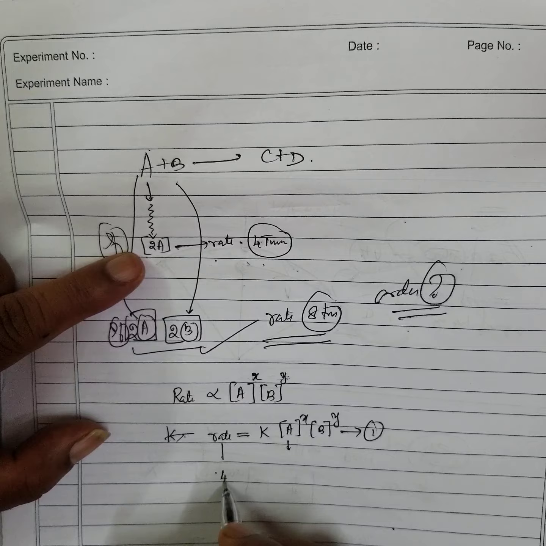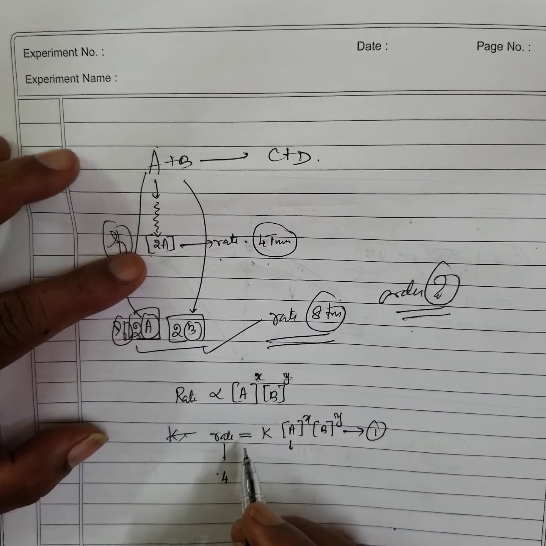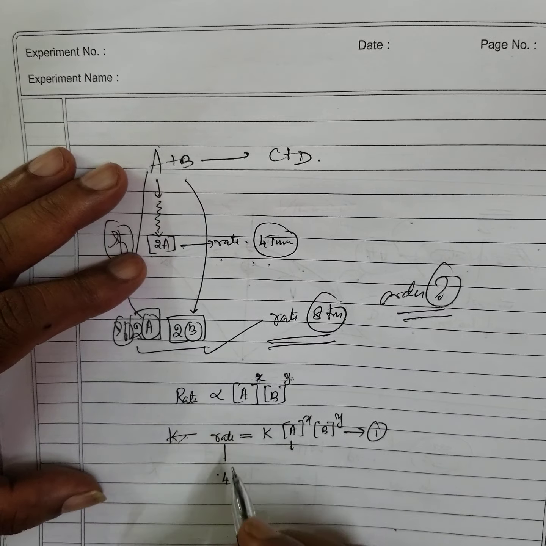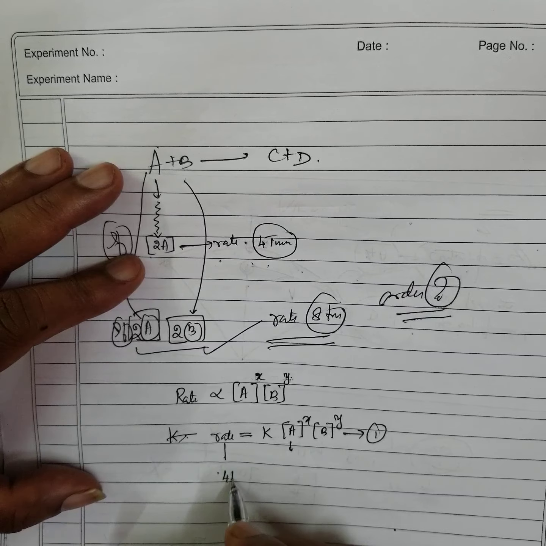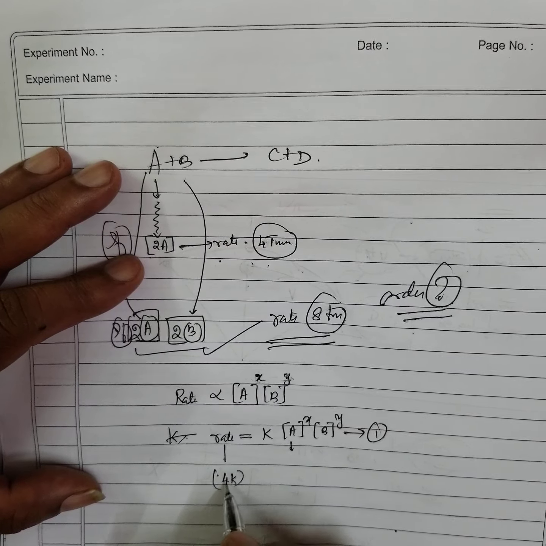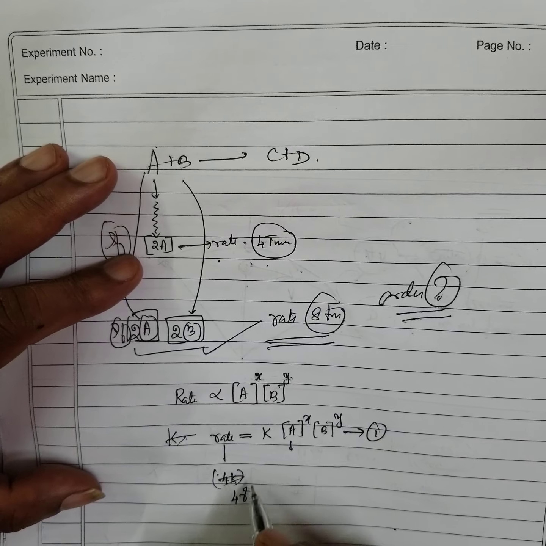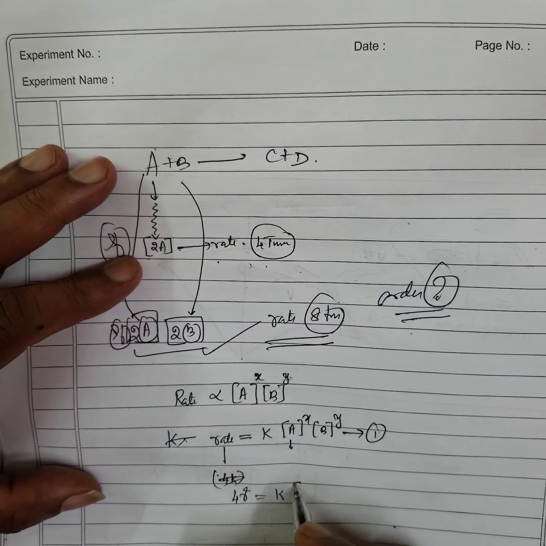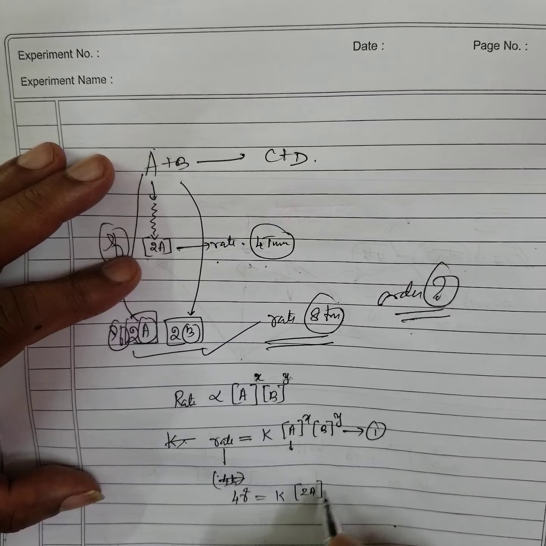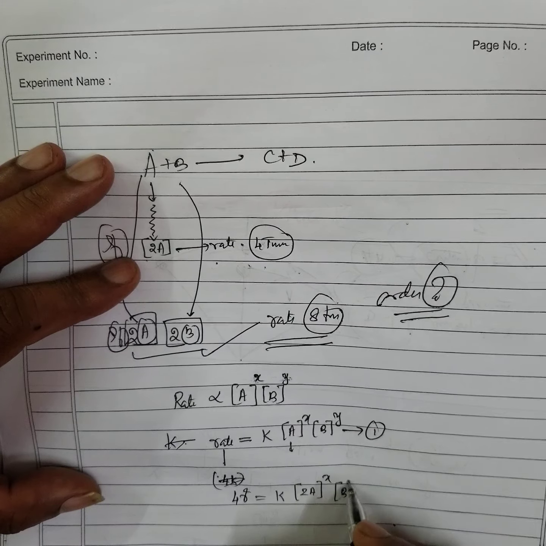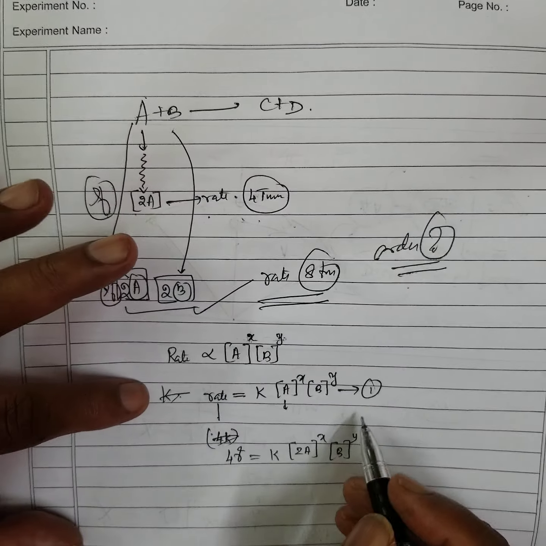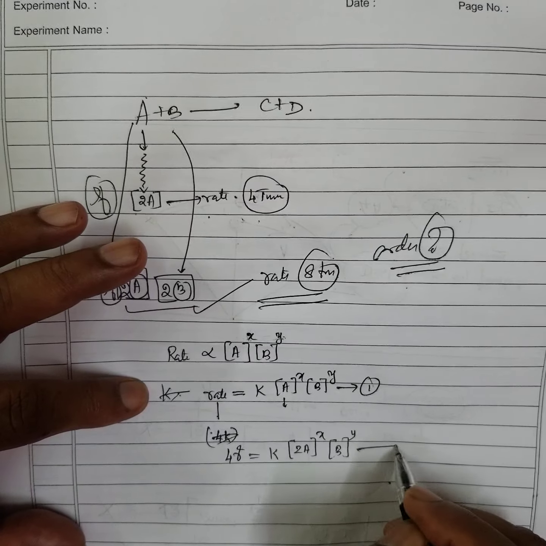So 4R is equal to K times (2A) to the power X times B to the power Y. This is the first condition.